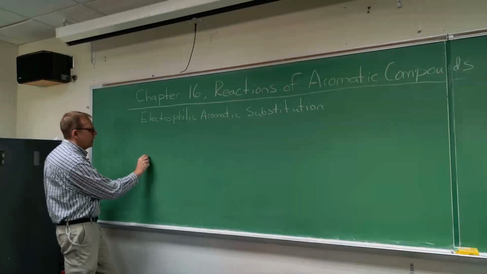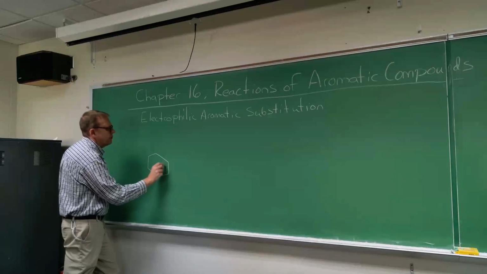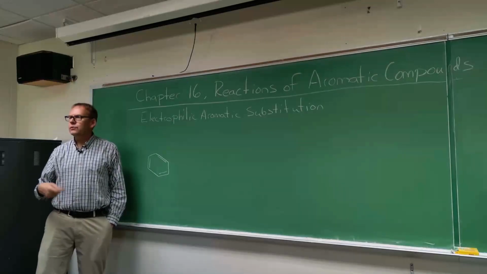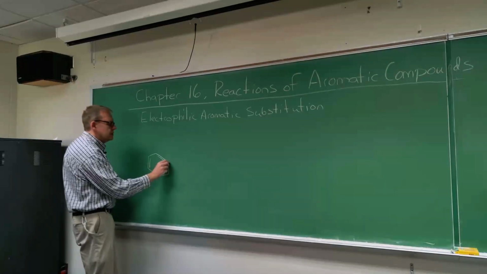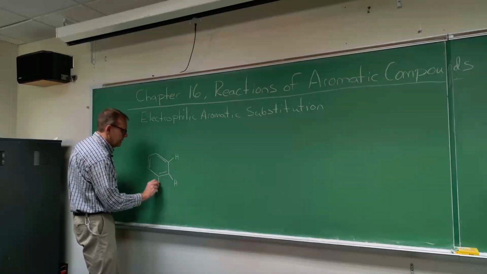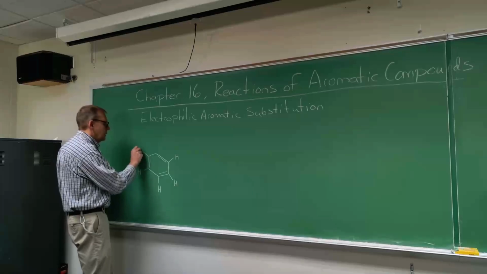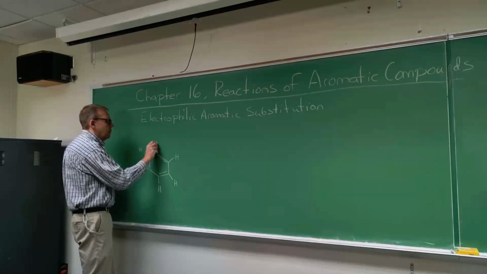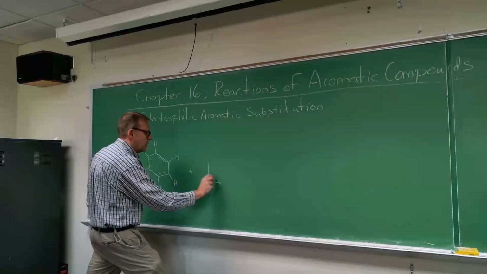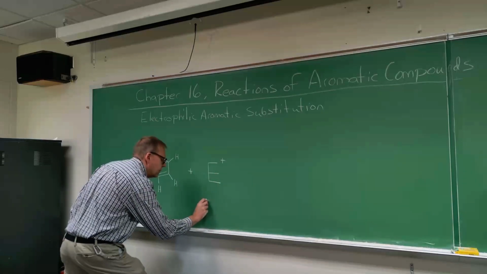If you take a benzene ring, I'll just show benzene as the first example of this class, but it can be other things too. The benzene ring can certainly have substituents on it, but let's just look at the simplest possible scenario, where it's just plain benzene with H's all around the ring. The way the reaction goes is you put this in with an electrophile, and I'll label that as E+.